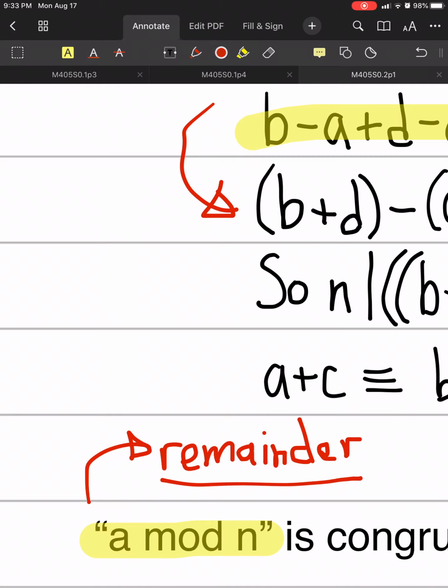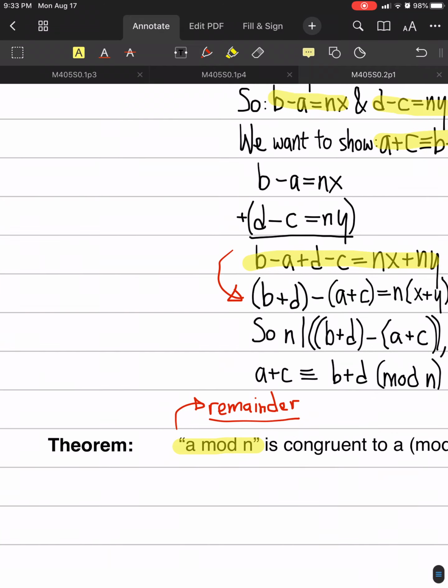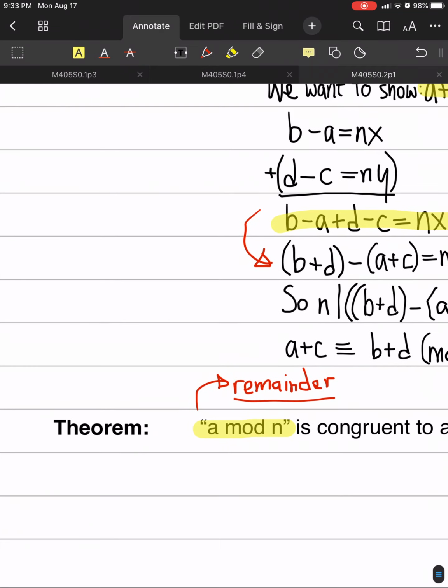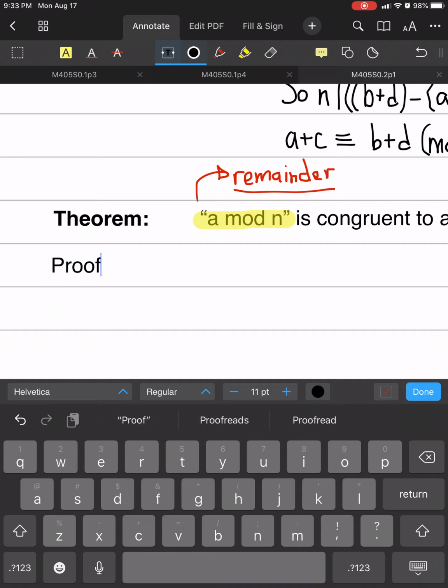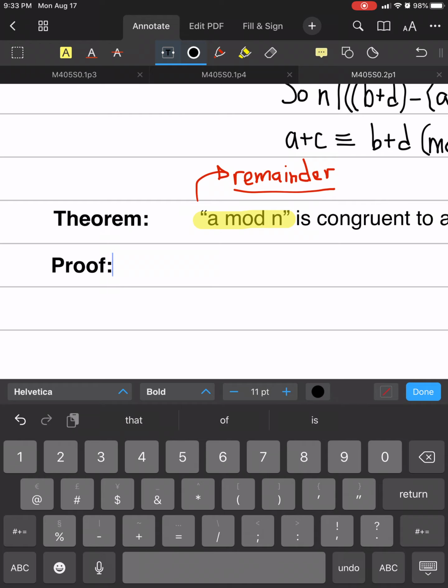So that's our remainder. Okay, so let's do a quick proof of this. And all there is to this proof is using the division algorithm, actually.